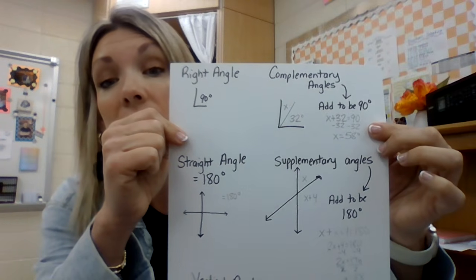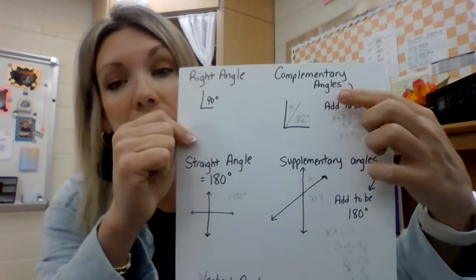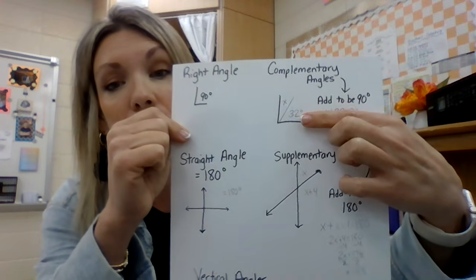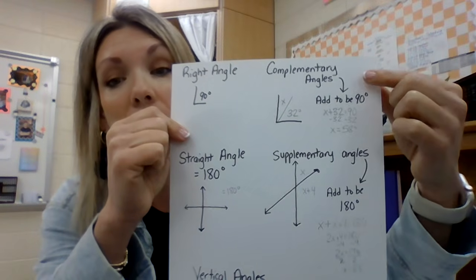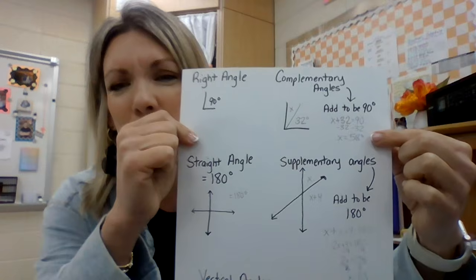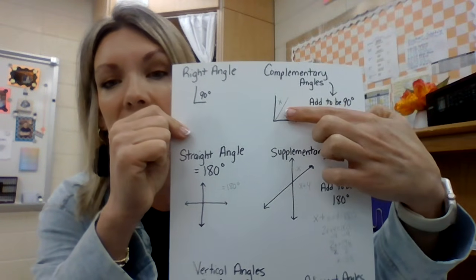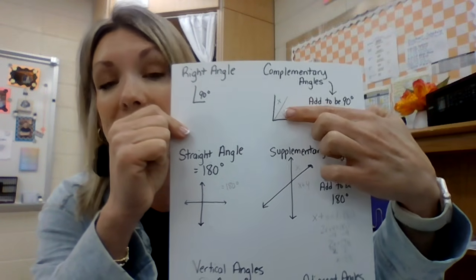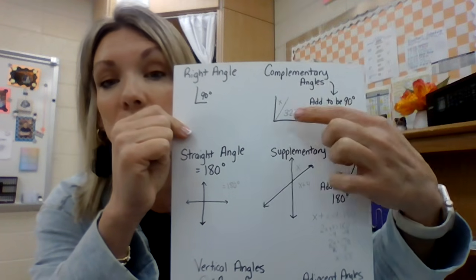So that would be 58 for x and 32 here, and both of those add up to give you 90. So those are complementary angles. All right. Now, since x is worth 58, remember if you wanted to know what angle that little x angle is, that's acute because it's less than 90. And that 32 also is less than 90, so those are acute.